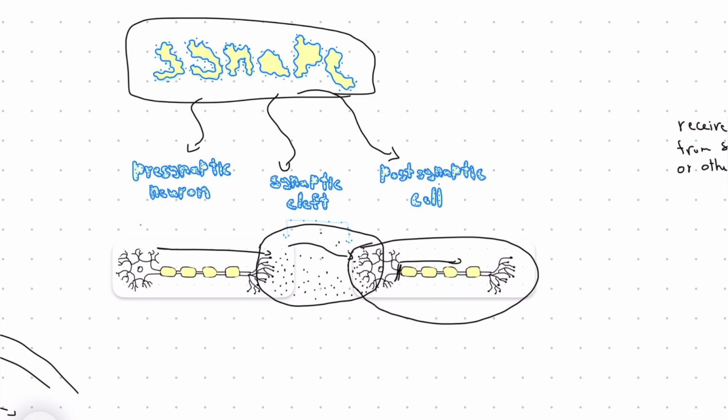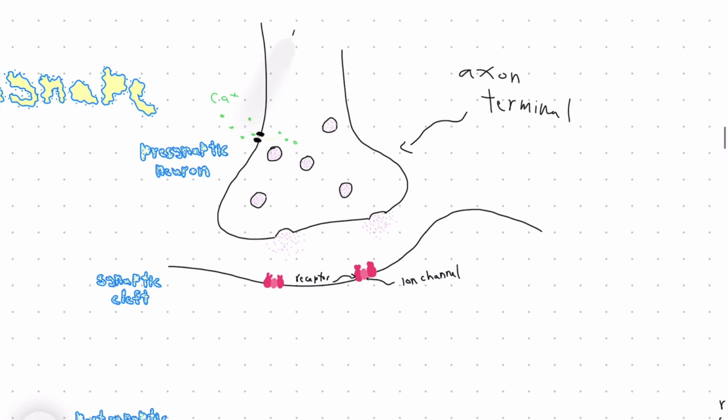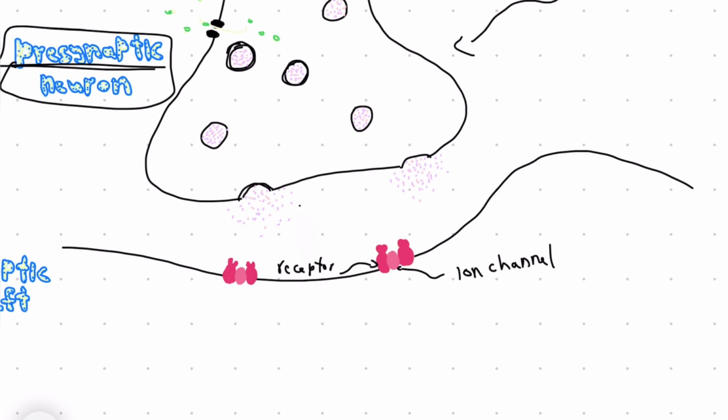So neurotransmitters have inhibitory and excitatory effects on the postsynaptic cell. It depends on the type of neurotransmitter and on the channel to which it binds. When an action potential reaches the axon terminal, it causes calcium ions to enter, and the vesicles, which enclose neurotransmitter, fuse with the presynaptic neuron's membrane, causing the release of neurotransmitter.